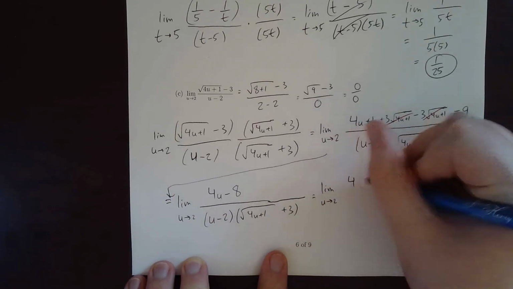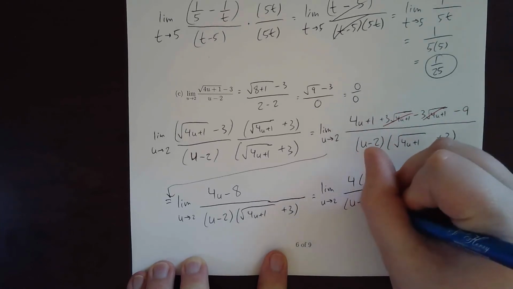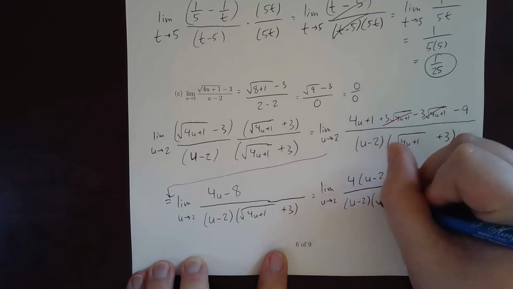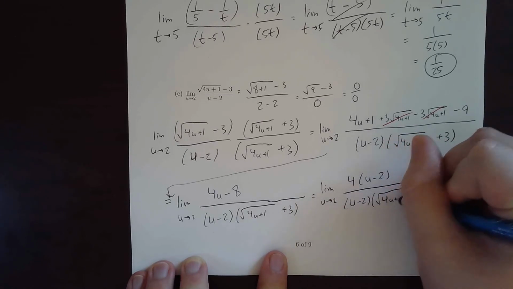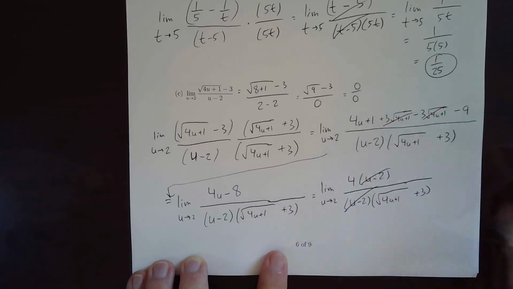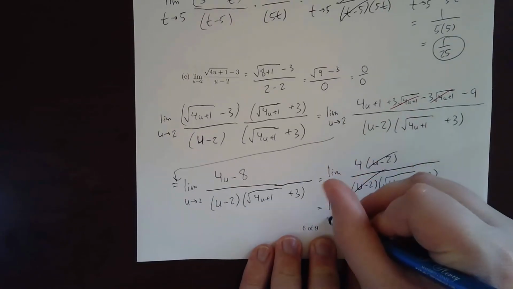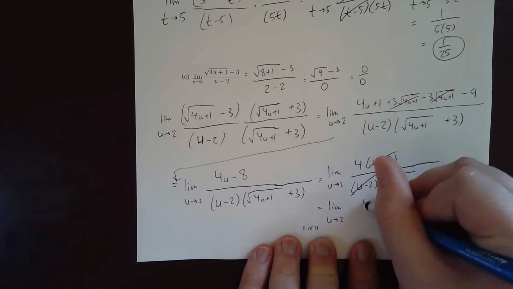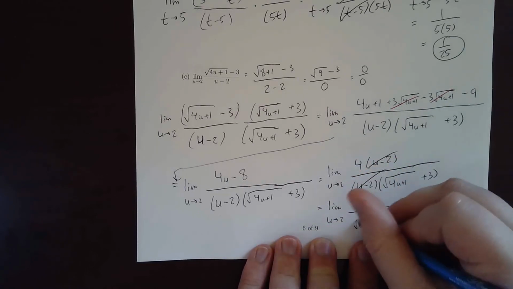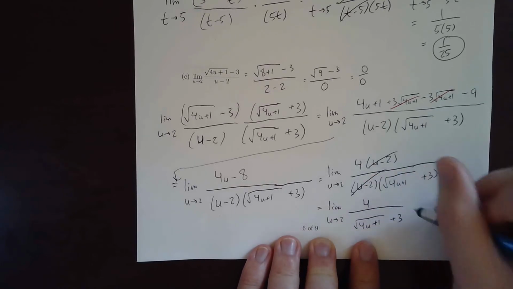So this will be 4 times u minus 2, and now we can try to get the u minus 2's to cancel. And so now they do, and we're left with the limit as u approaches 2 of 4 over the square root of 4u plus 1 plus 3.